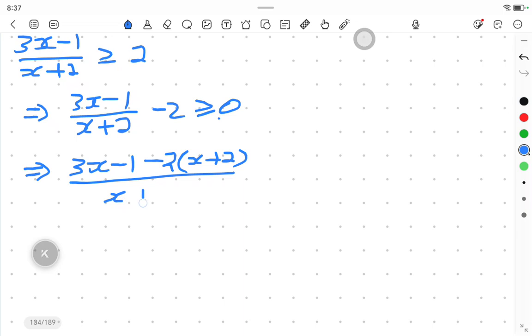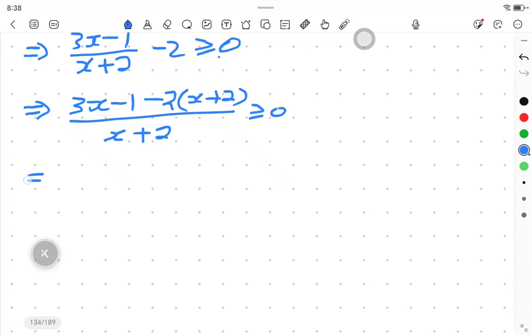If you feel like that one is a problem, you can just cross multiply, then you'll get here. And this will be greater or equal to 0, right? And this will be 3x minus 1 minus 2x minus 2 all over x plus 2, which is greater or equal to 0.